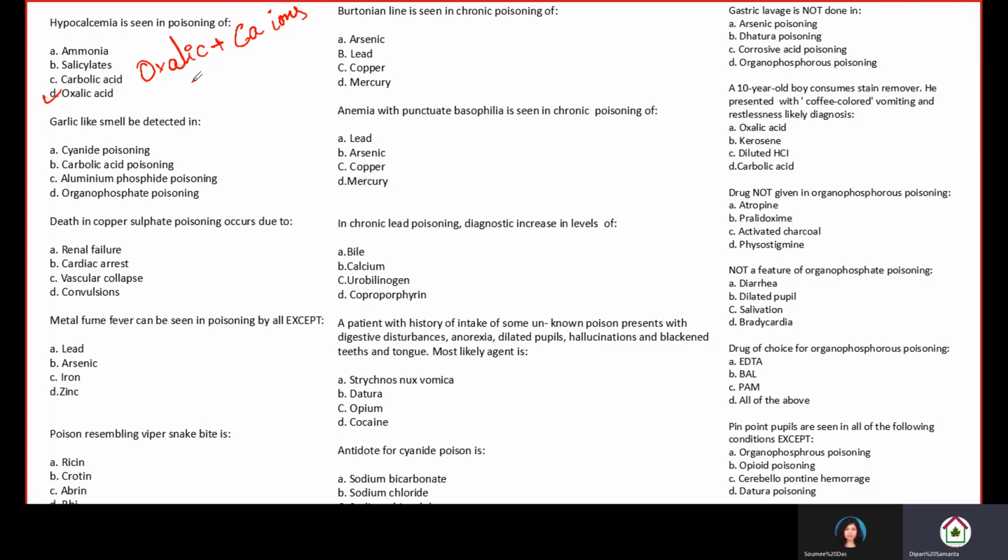And so calcium ion gets exhausted, and thus hypocalcemia occurs.